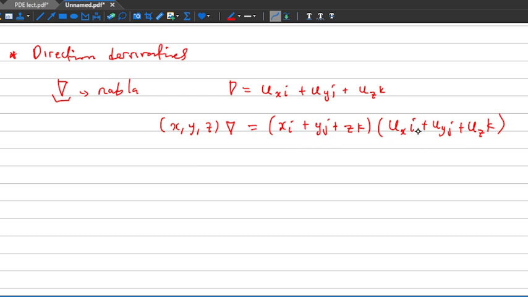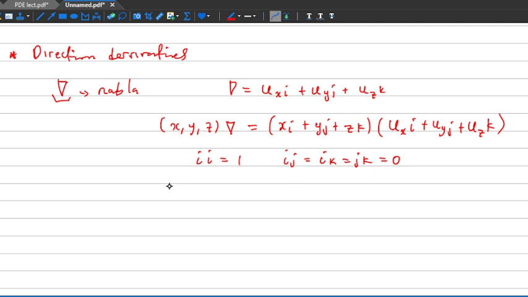When multiplying, take note that when you multiply two vectors in the same direction, we get 1. They are orthonormal. And when you multiply vectors in different directions, they are orthogonal, so we get 0.